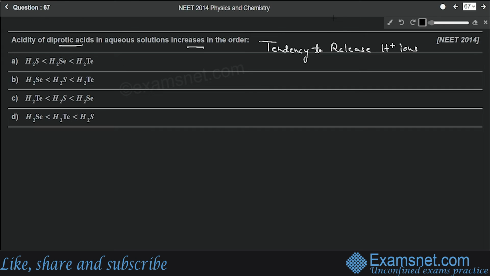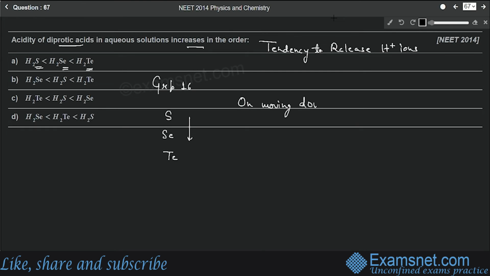Now if you look at the options, you can see that 3 elements are mentioned in all the options: sulfur, selenium and tellurium. And these are group 16 elements. Sulfur, then selenium, and then tellurium. This is the sequence of elements on moving down the group. Now what happens on moving down the group?